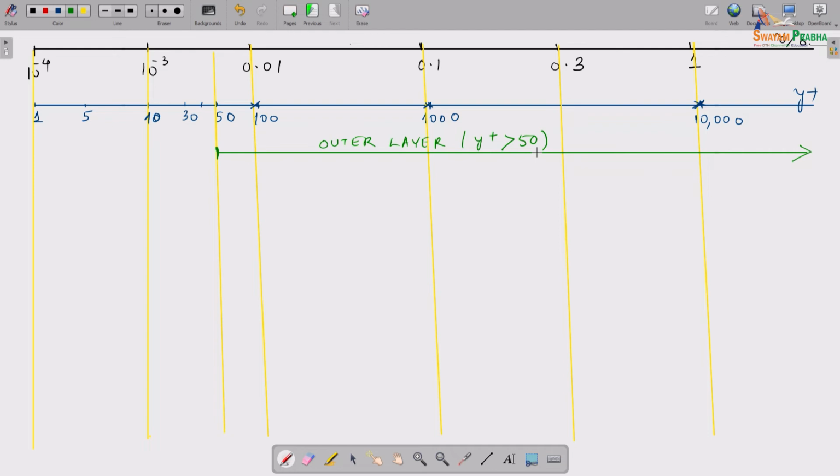Then we have an inner layer, where y by delta is less than 0.1.